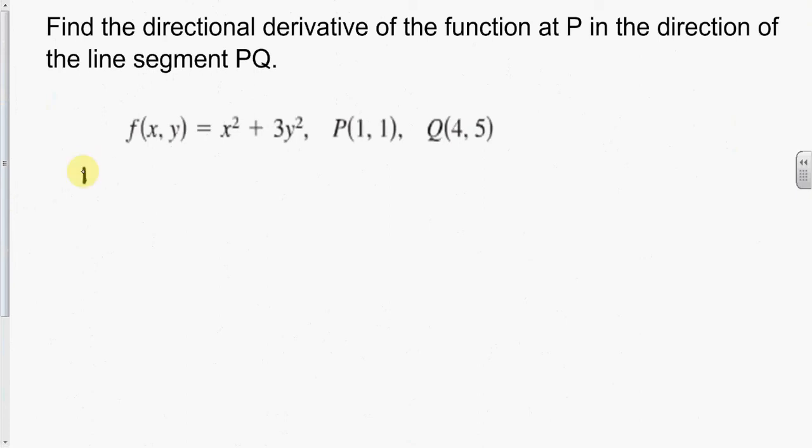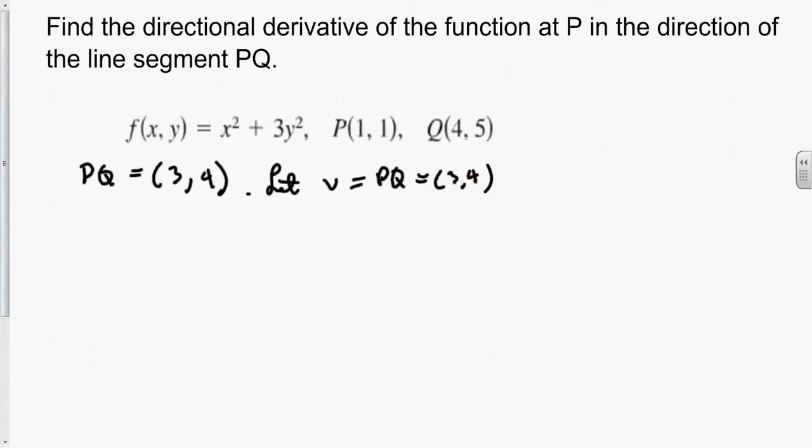So here, the line segment PQ is 4 minus 1, we get 3, and then 5 minus 1, we get 4. So let v equal PQ. The unit vector u, we set that to be v divided by the norm of v.